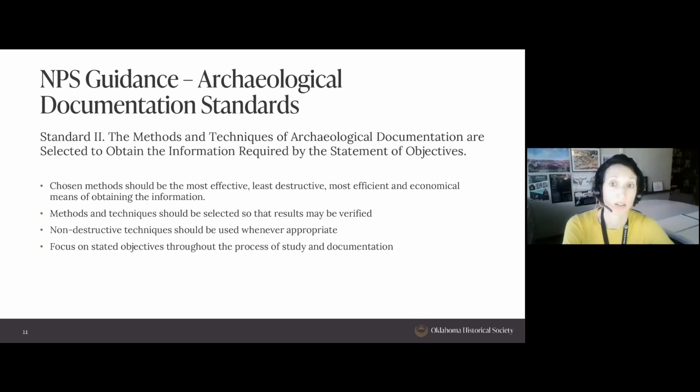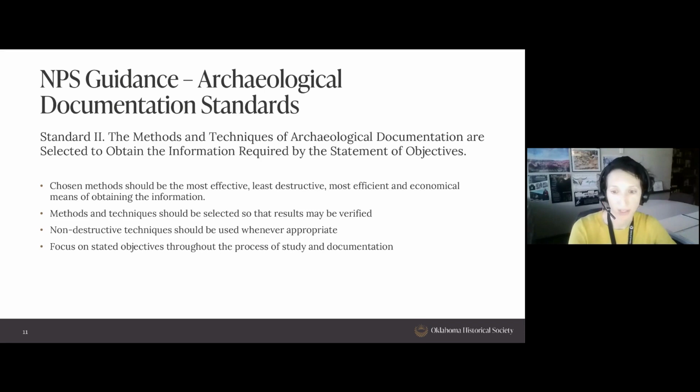The second standard of the archaeological documentation is the methods and techniques of archaeological documentation are selected to obtain the information required by the statement of objectives. The chosen methods should be the most effective, least destructive, most efficient, and economical means of obtaining the information.